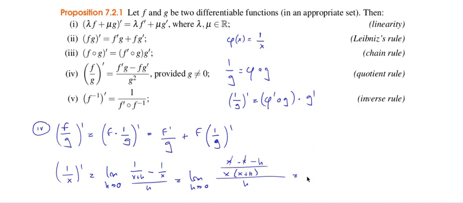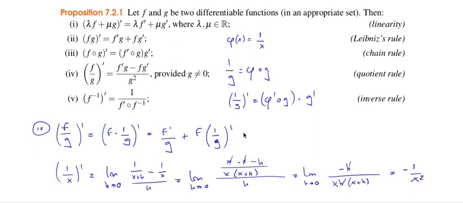The x and x cancel out, so then we have the limit when h goes to 0 of minus h divided by x times x plus h. The h and h cancel out, the limit when h goes to 0 gives minus 1 over x squared, which some of you already know.